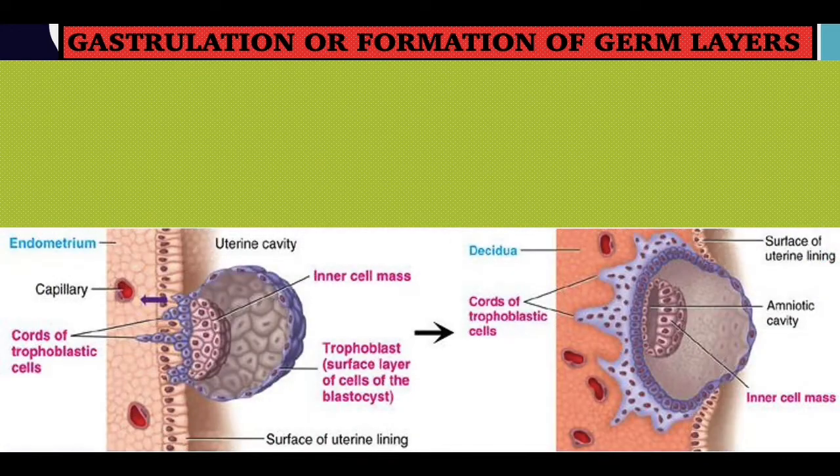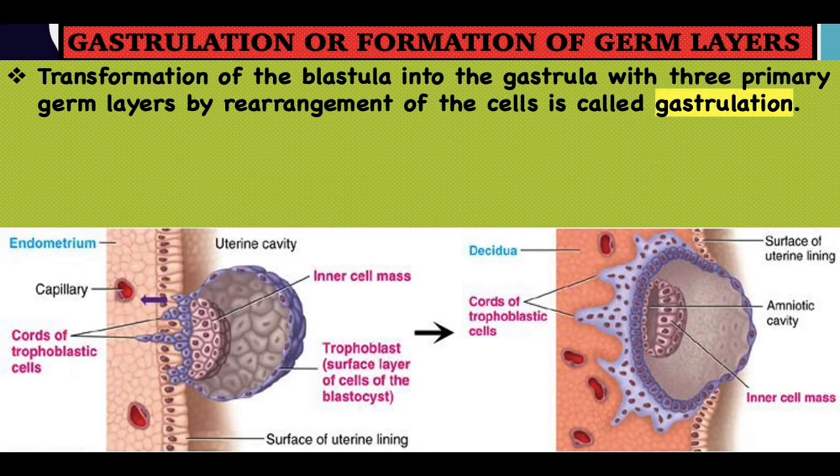Now, after implantation, gastrulation or the formation of germ layers occurs. Here, in this picture, you can see the transformation of the blastula into the gastrula with 3 primary germ layers by the rearrangement of the cells, which is called gastrulation.